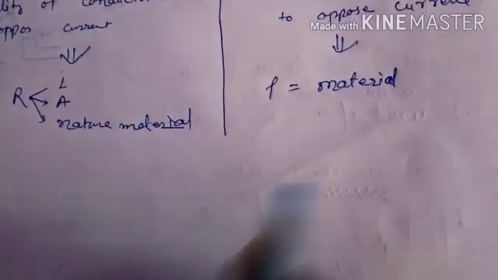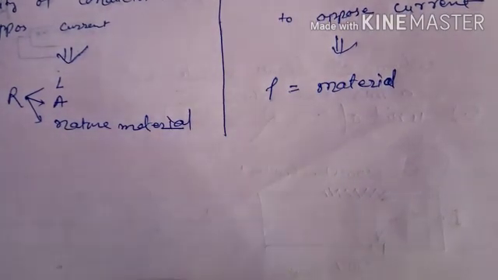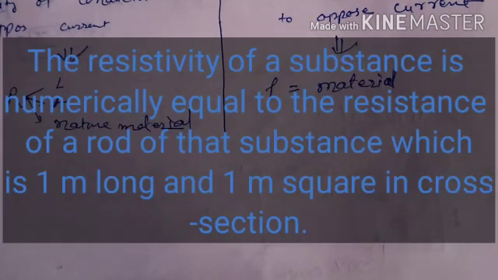This resistivity can also be defined numerically: the resistivity of a substance is numerically equal to the resistance of a rod of that substance which is 1 meter long and 1 square meter in cross section.